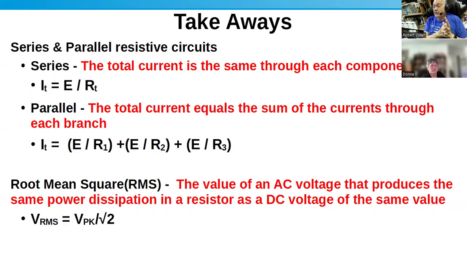So your 120 volt AC house current, which they don't usually say is RMS but it's the RMS value, has the same power as if you were running 120 volts DC. Of course, that doesn't work on motors, but it would work on some things. Light bulbs wouldn't care. If you put 120 volts DC on a 100-watt light bulb, you're going to get 100 watts out of the light bulb.